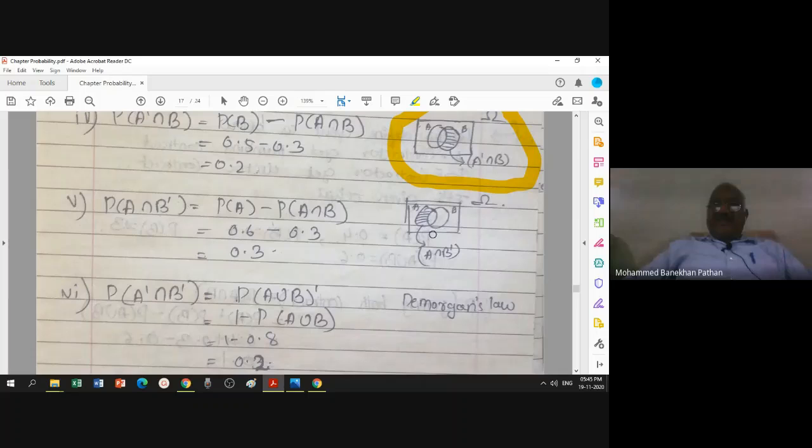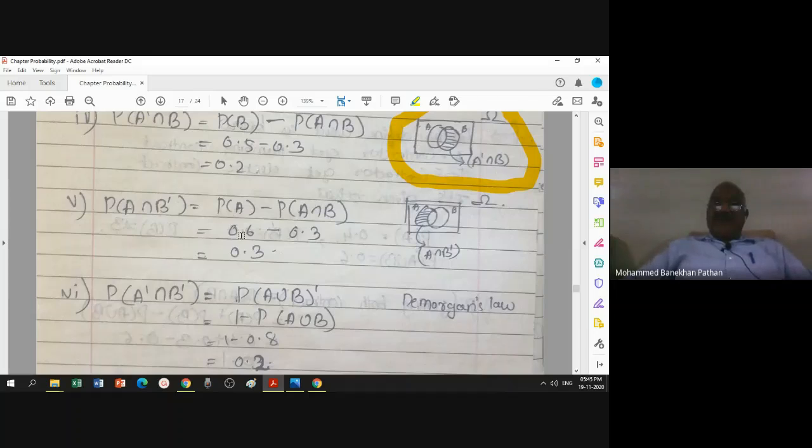This entire rectangle is the sample space. This is circle A. This is circle B. I want the part of A that is outside of B. So forget the circle B and take the elements from A. If I want to write the probability of this, I take the complete circle of A, that is P(A), minus this middle part which you don't want.